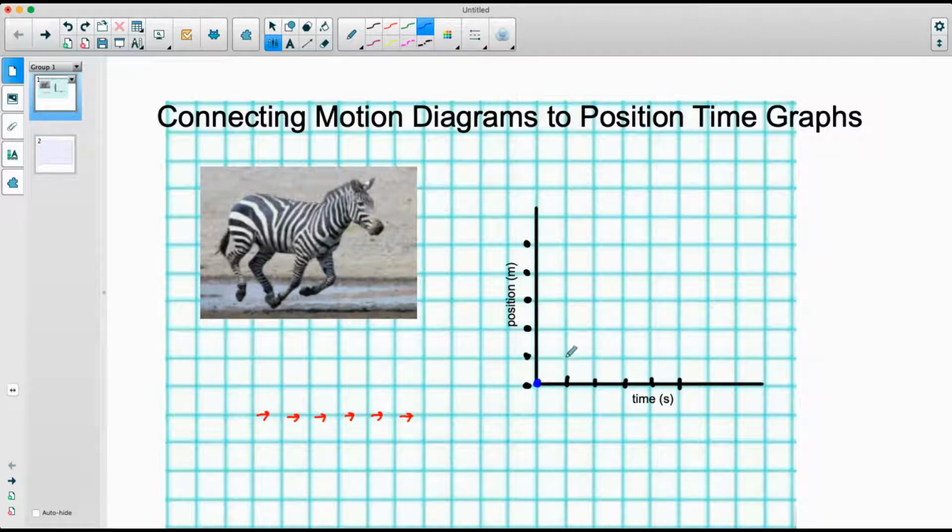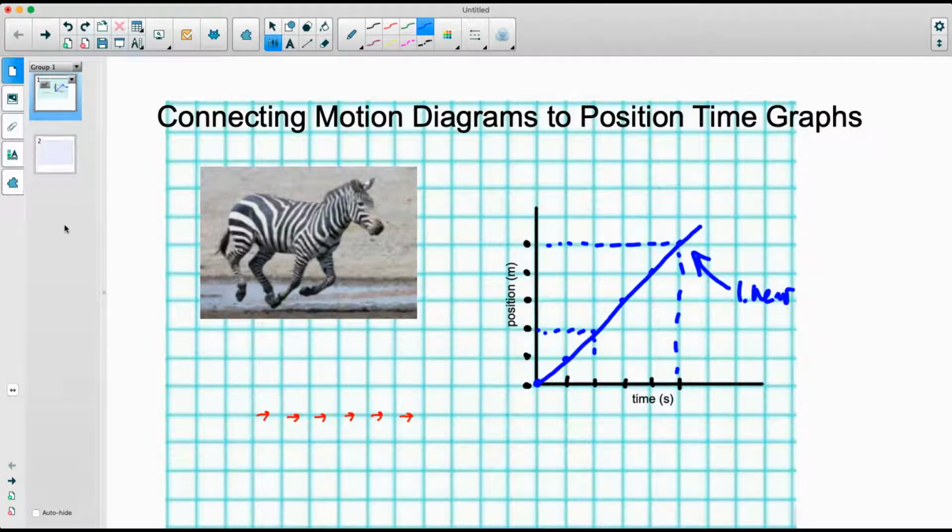And then at time 1, that's the next moment in time, and the next moment in time, and the next moment in time, etc. Like that. And always we can see the dot and the time moment line up. The dot from the motion diagram lines up with the moment of time. And then we can just do like that. And we see it's a nice linear graph, which is what we'd expect for an object moving at a nice steady speed.